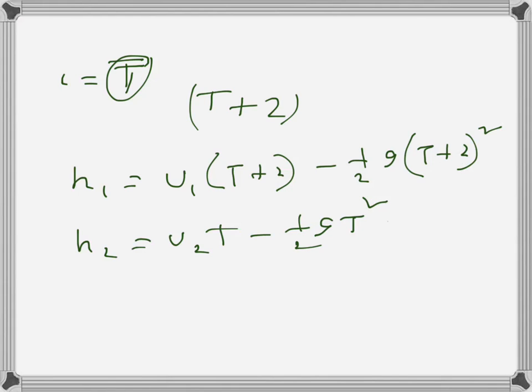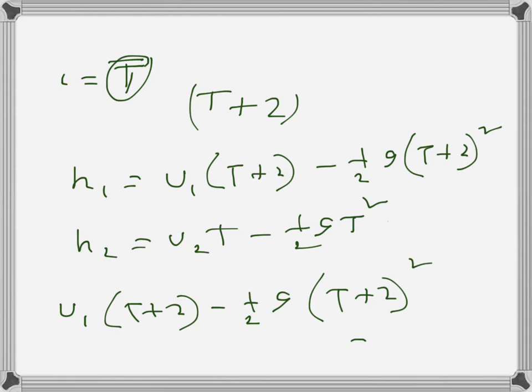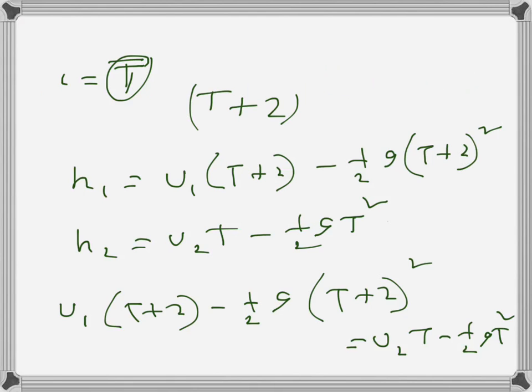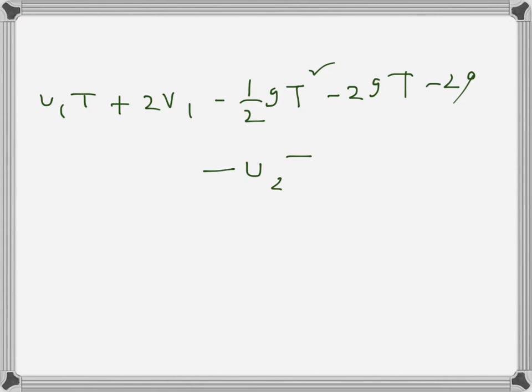But h1 will be equal to h2, so we can equate these two. So it will be u1 (t plus 2) minus half g (t plus 2) whole square is equal to u2 t minus half g t square. So u1 t plus 2 u1, then minus half g t square minus 2 g t minus 2 g, and if I take these things on the left hand side, it will be minus u2 t plus half g t square equals 0.